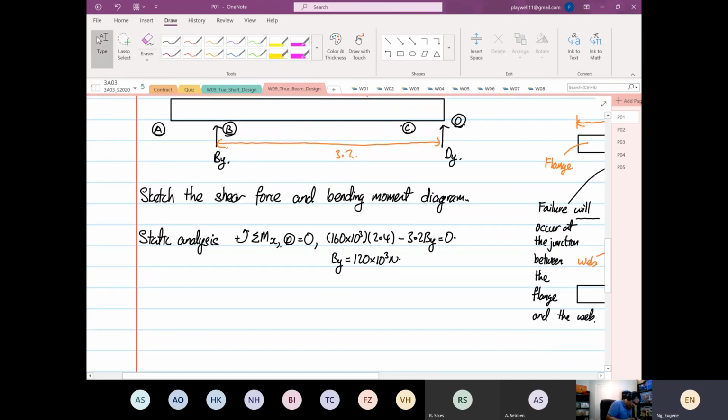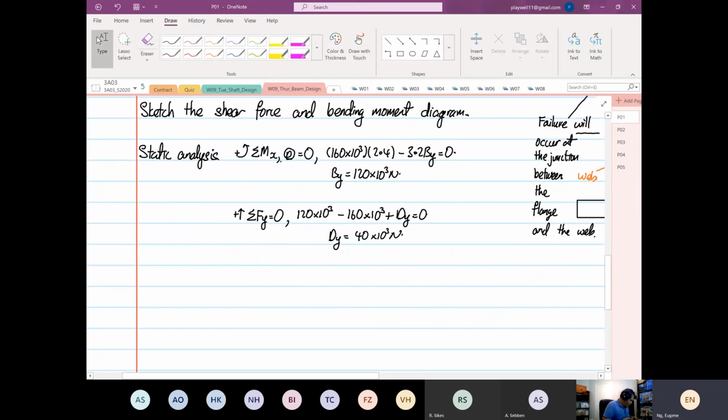Then we do summation of forces going up: 120 times 10 to the power 3 minus 160 times 10 to the power 3 plus Dy is equal to 0. So Dy will be 40 times 10 to the power 3. Then from here, we are going to draw our shear force diagram.